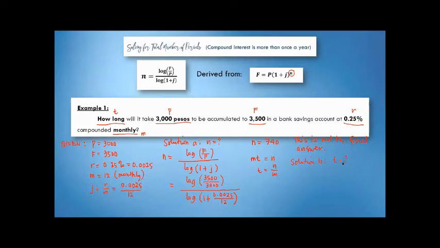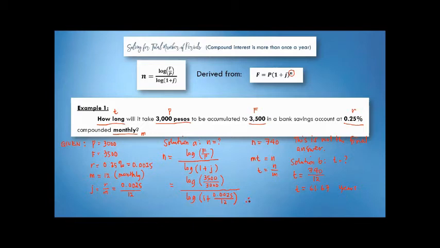So solution B, solve for t. So substitute natin, n is equal to 740, m is 12. Therefore, the answer for t is 61.67. So rounded off na to 2 decimal places. Therefore, ito ay naka-years na. Automatic, it is also already in years.